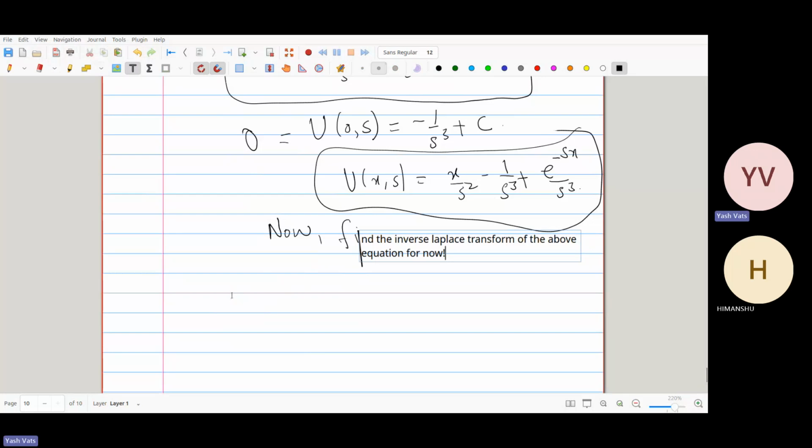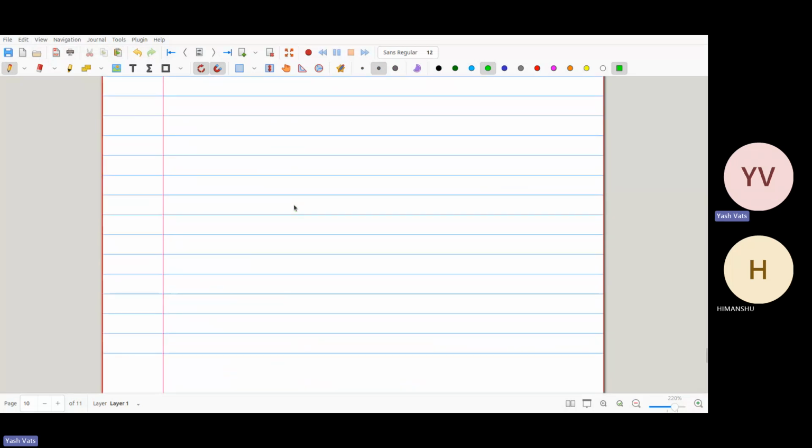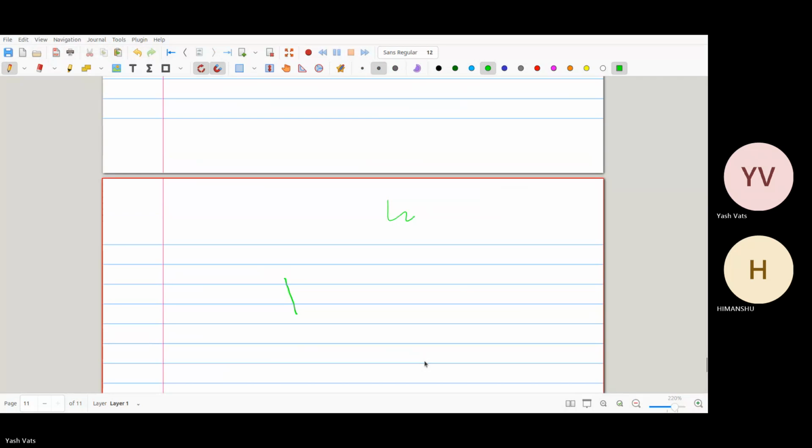Okay, so you got it. Why is it not working? I think its charging is not finished or what? Okay, it's not working on the pen. I just write in another page. On this page it's not working, but on this page it's working. Why is that?